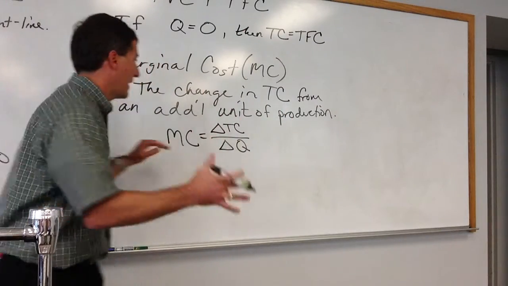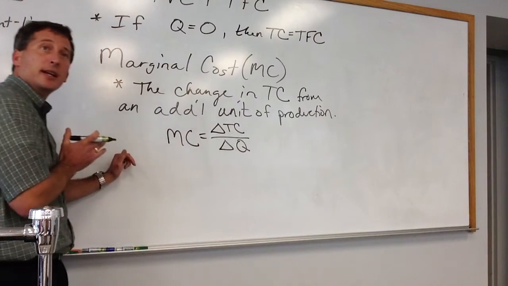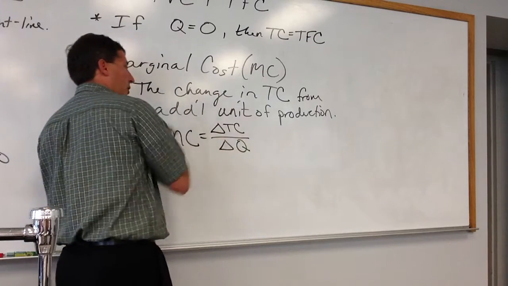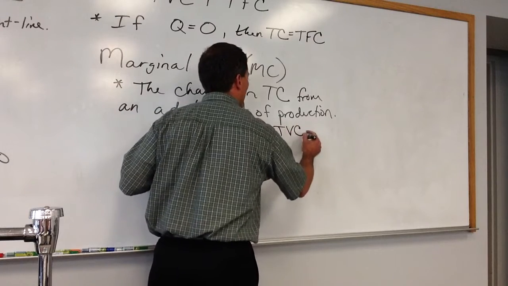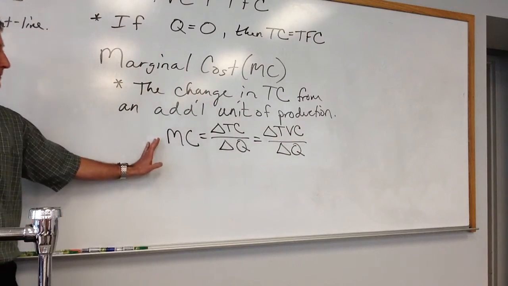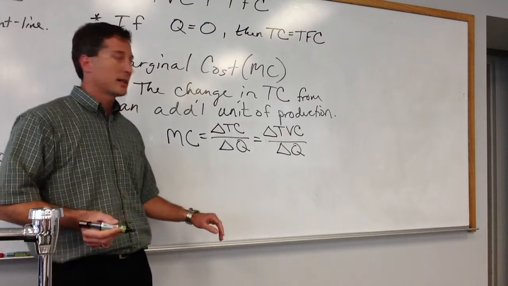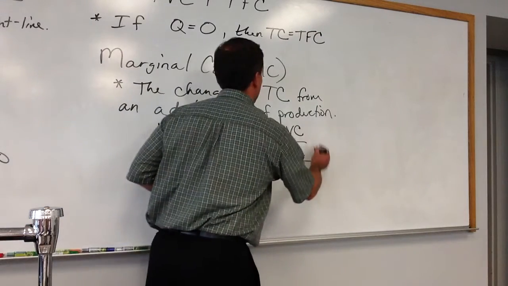So if costs change, the only way they could change is with my variable cost changing. So it's also equivalent to think about the change in total variable cost from a change in quantity. So that's a couple different ways to think about marginal cost.